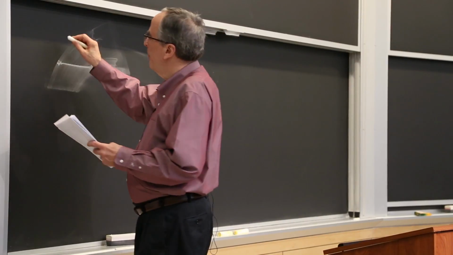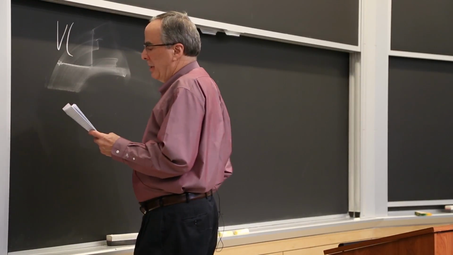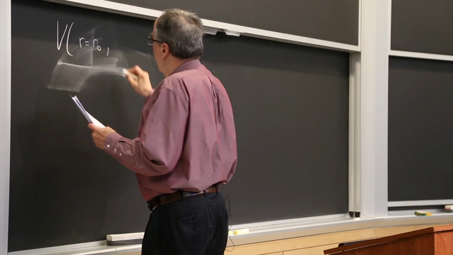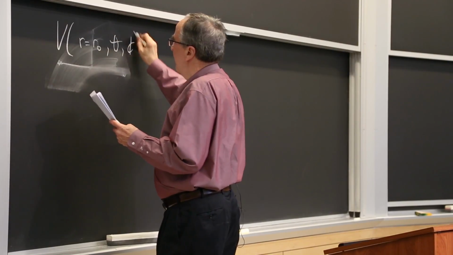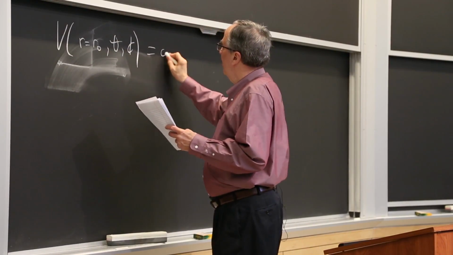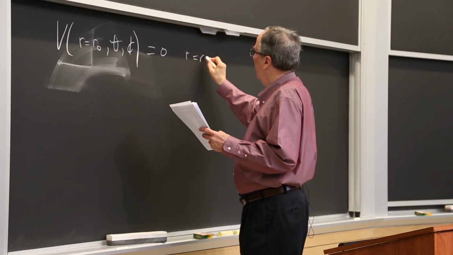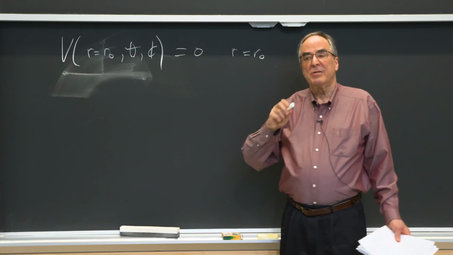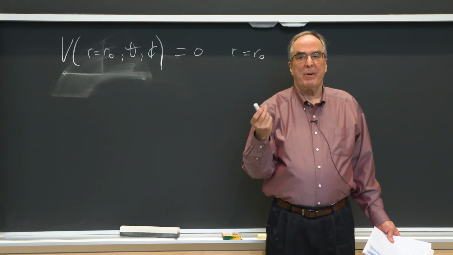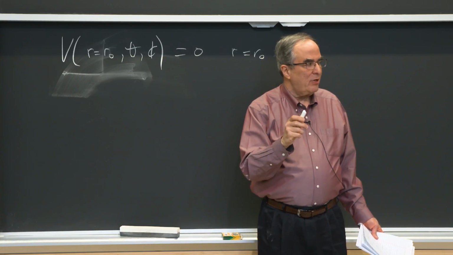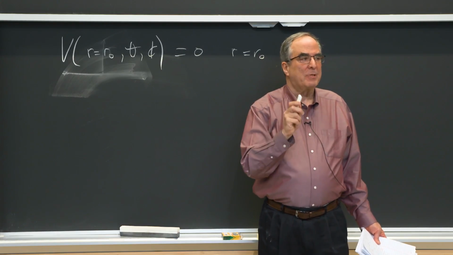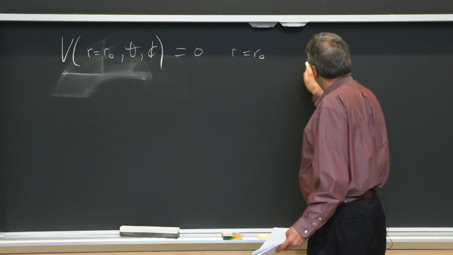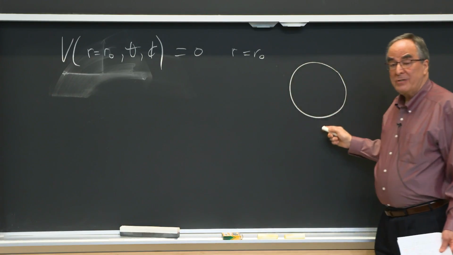So for a free rotor, the potential is V(R, theta, phi), and it's equal to 0 if R equals R0, and it's equal to infinity if it's not. So this is very much like a particle in an infinite box. And in fact, you can do a really cheap solution if you say, well, let's consider a particle in an infinite circular box.